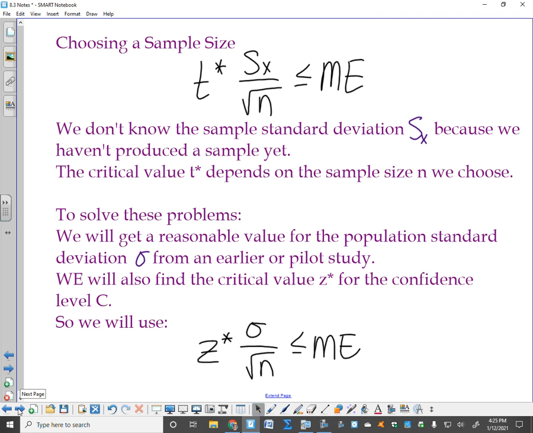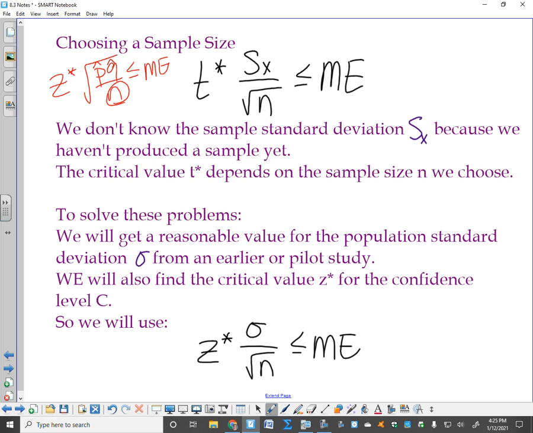All right, and then just like for proportions, we have to be able to choose a correct sample size. So when we did proportions, it was z star times the square root of p-hat q-hat over n, and if we didn't know p and q, we defaulted to 0.5 and 0.5, and we wanted that to be less than or equal to the margin of error, and we solved for n.